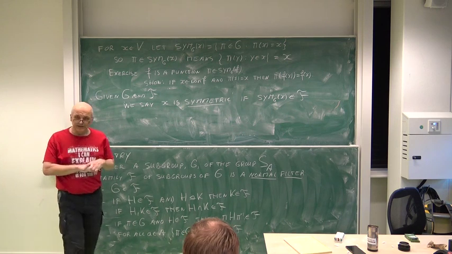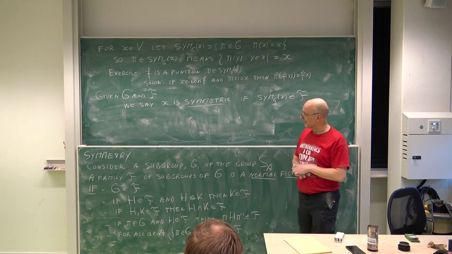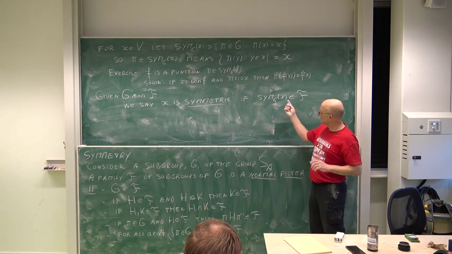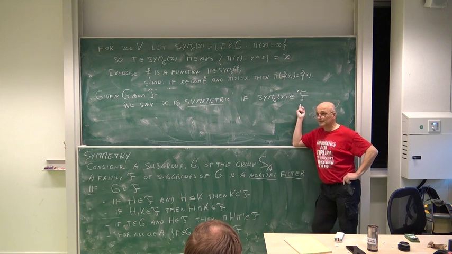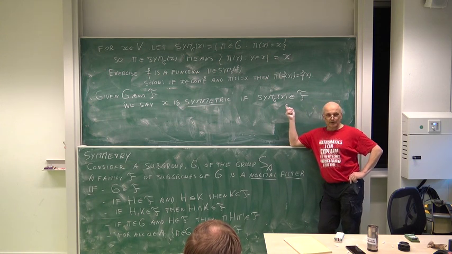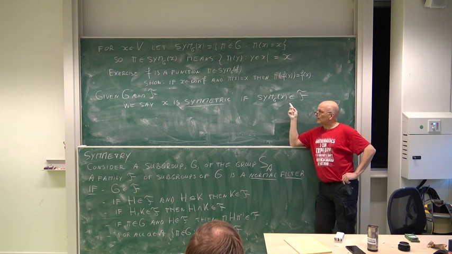Suppose we have our G, suppose we have our F, then the elements whose symmetry groups are in our special filter, those are the ones we call symmetric. Okay.